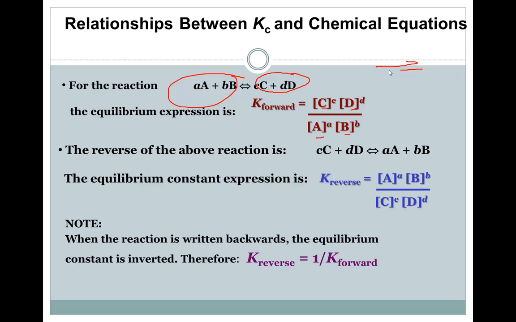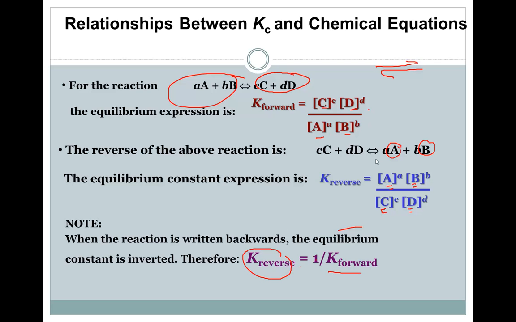So let's say it's going the reverse. Then suddenly the A and B are on top, and the C and D are on the bottom. So note when the reaction is written backwards, the equilibrium constant is inverted. So the K of the reverse is the same as 1 over the K of the forward, because they're reverse of each other.